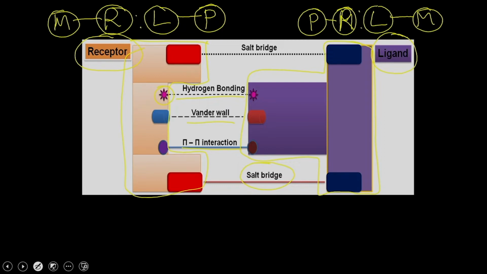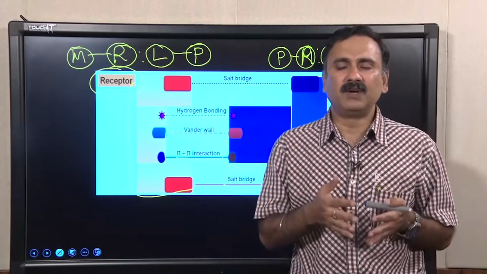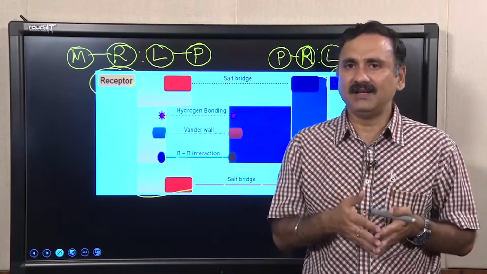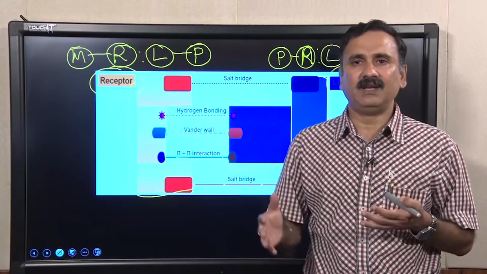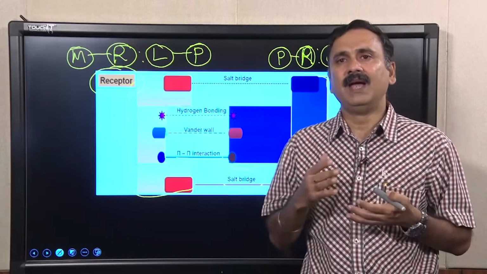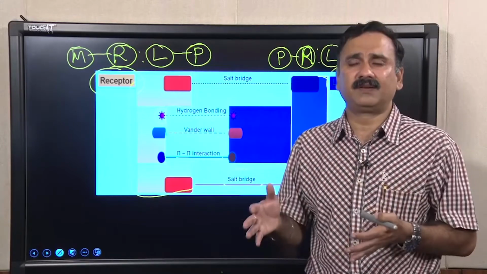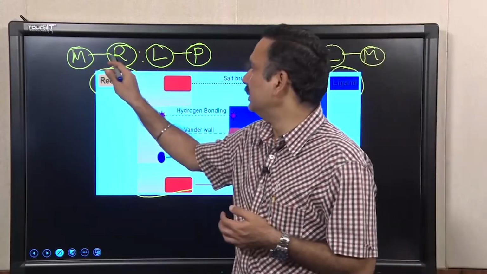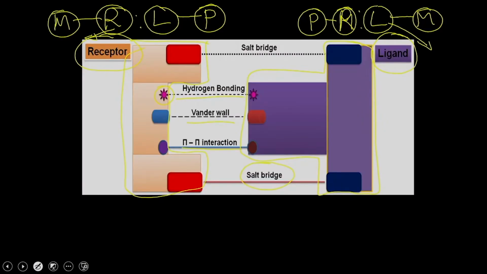Now the question comes, under what conditions you are going to prefer to use the ligand or the receptor on the matrix. The sole purpose of any chromatography technique is to make the purification as easy and as economically viable as possible, which means it should not be very costly to perform, and it should not require extensive infrastructure. So, whether you use the receptor or the ligand depends on considering these parameters.